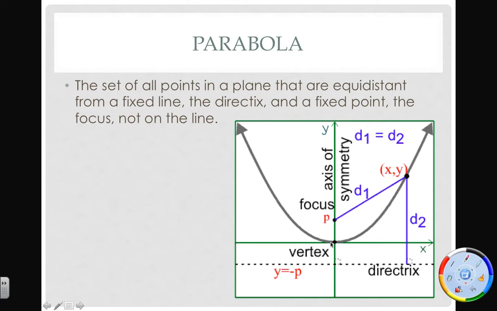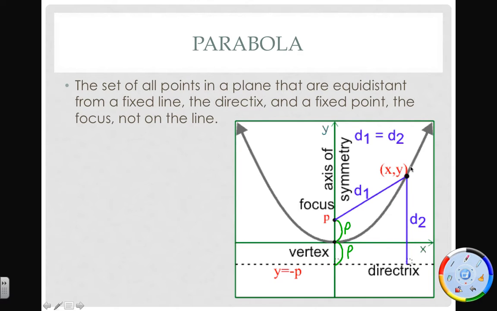The distance between the vertex of the parabola and the focus is p. So is the distance from the directrix to the vertex. That distance is also p. This particular picture gives everything that we need to know.